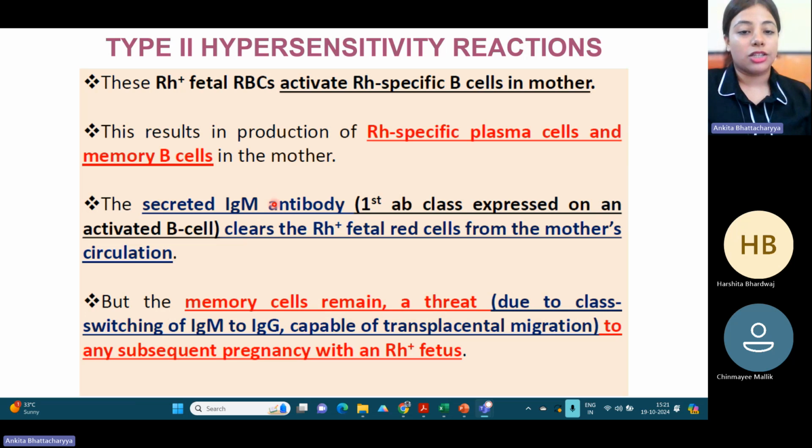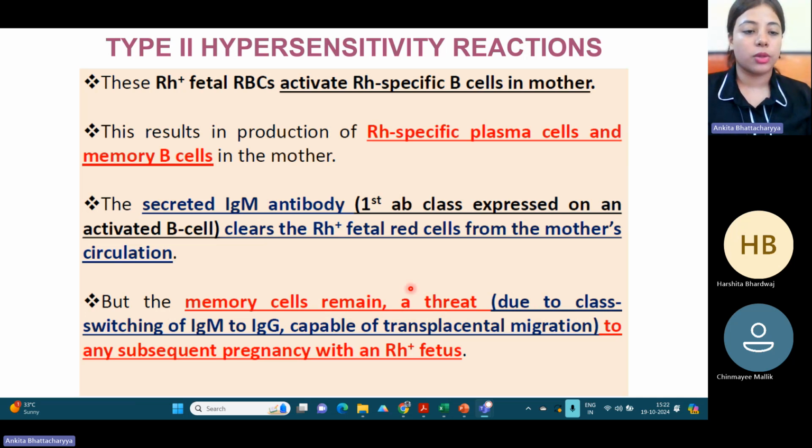The secreted IgM antibodies, which are part of the mother's immune system, and IgM, if you're not already familiar with it, you would be. We have discussed this extensively. That IgM becomes the first antibody class which is expressed on an activated B cell, and will help in clearance of whatever Rh positive fetal cells are present from the mother's circulation. But what remains as the threat are these memory cells.